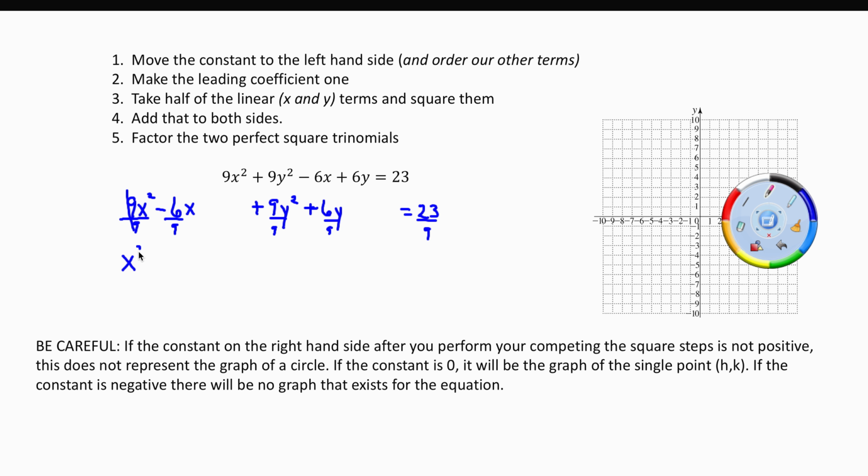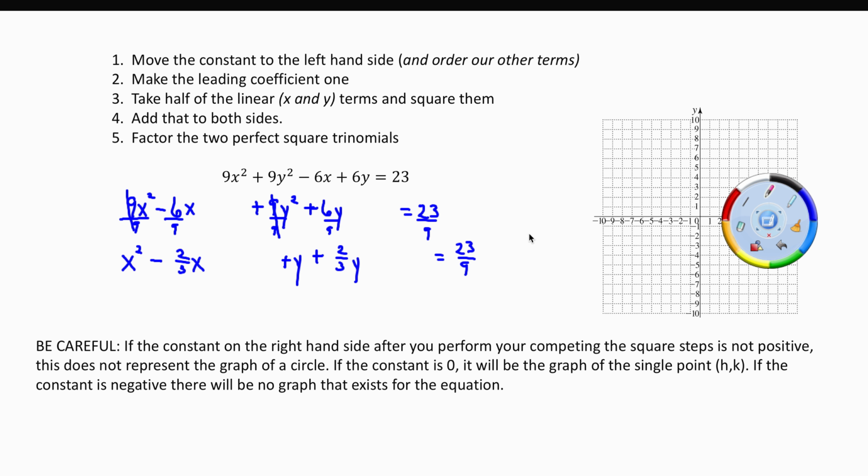So that leaves me x squared minus 6/9 is 2/3 x, and then plus y plus 2/3 y equals 23/9.